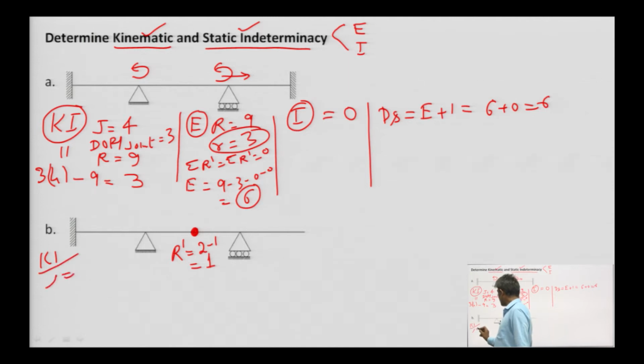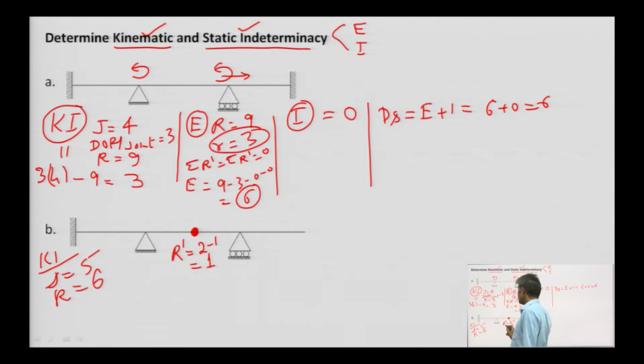So, let us calculate kinematic indeterminacy. Number of joints in this case: 1, 2, 3, 4, 5 joints. Degree of freedom per joint, we know in case of a beam it is 3. Number of restraints: 3, 2 here, 1 here, 3 plus 2 is 5, and this one makes 6.